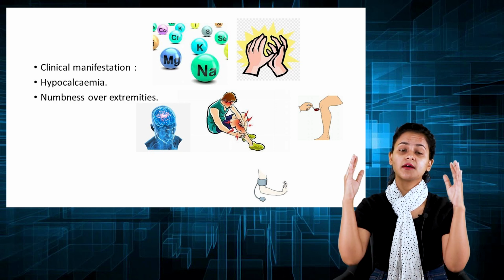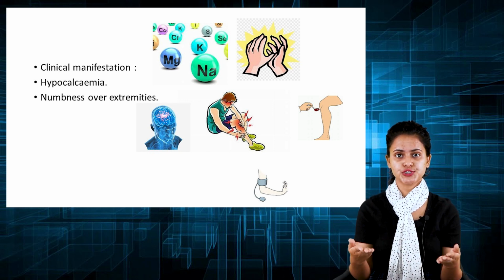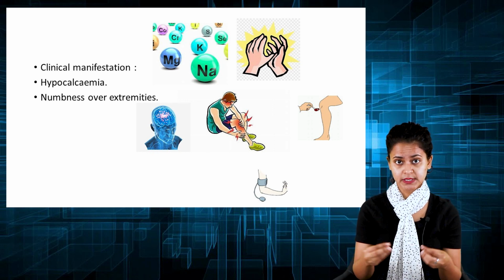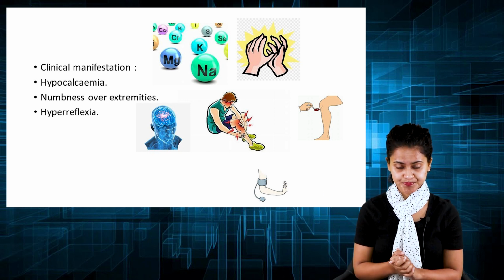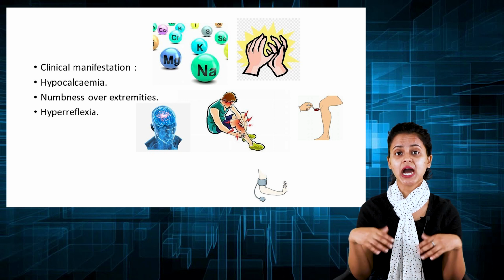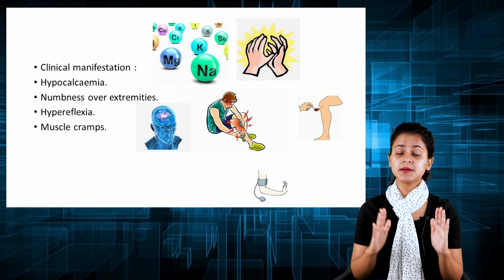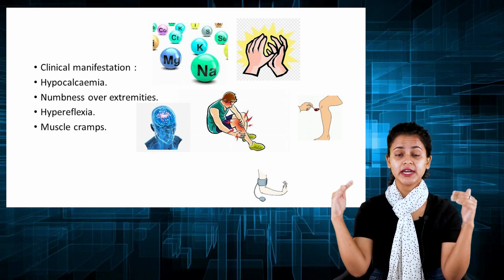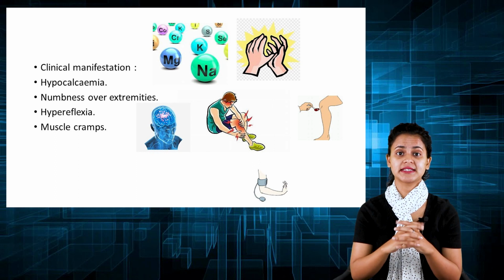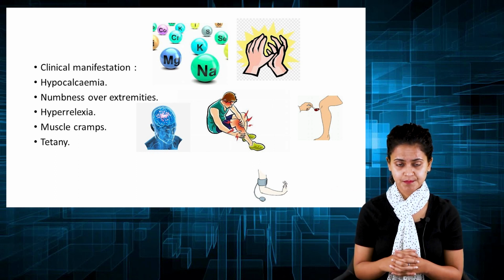The next manifestation, which is very commonly complained of by every patient suffering from hyperphosphatemia, is numbness of the extremities. The next condition includes hyperreflexia of the muscles. Muscle cramps also play a very important role in identifying that the client is suffering from hyperphosphatemia.